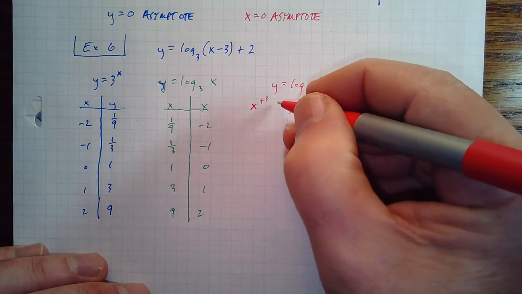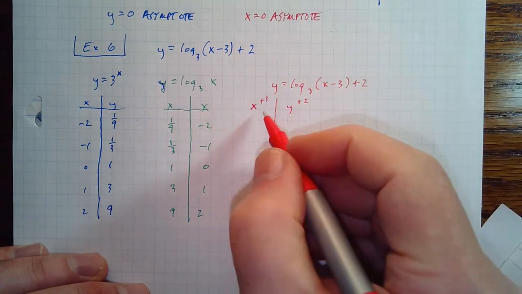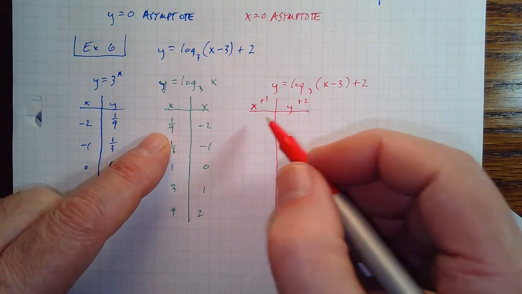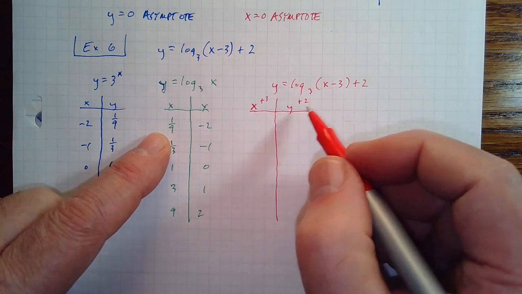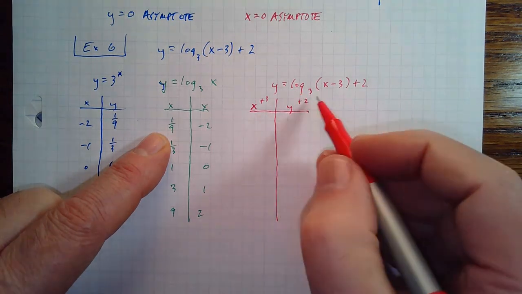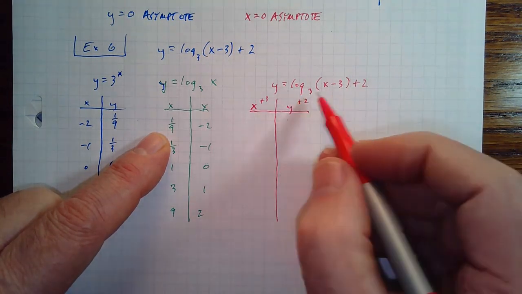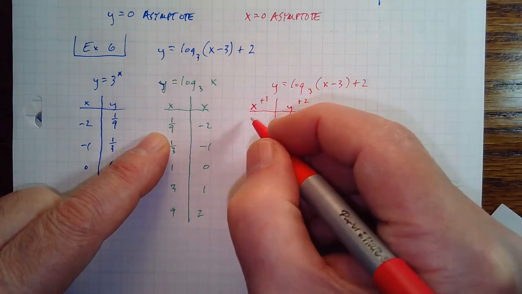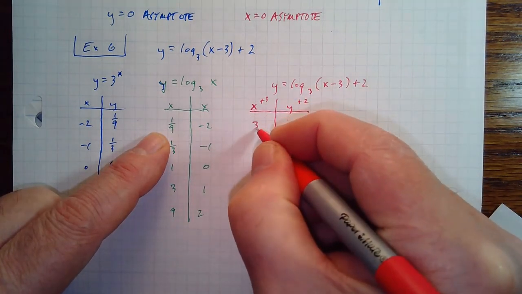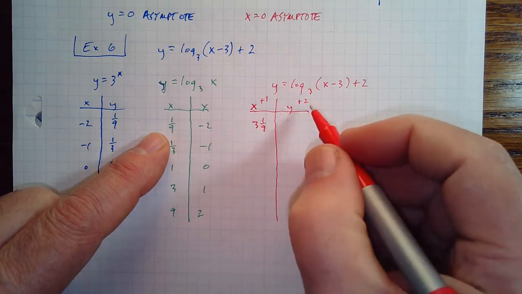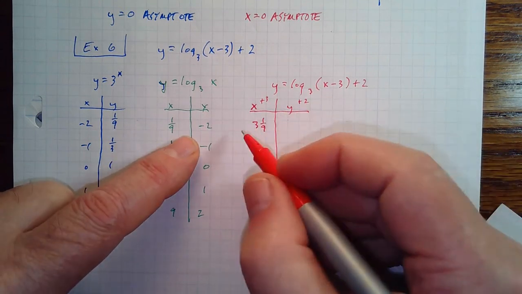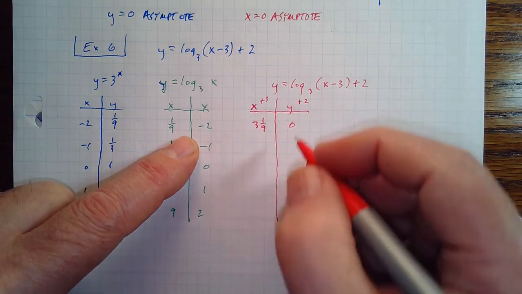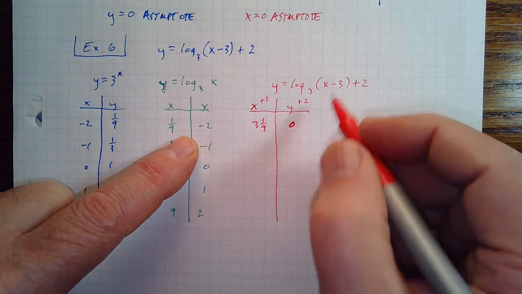So I'm going to take the green column and add 3 to the x and add 2 to the y, and that will get me ordered pairs that are on this red equation here. So I get the 1/9, add a 3 to it because it's sliding 3 to the right. That gives me 3 1/9. And then the 2, I add to the -2, giving me 0. So that 3 1/9 and 0 is one of the ordered pairs on this graph.